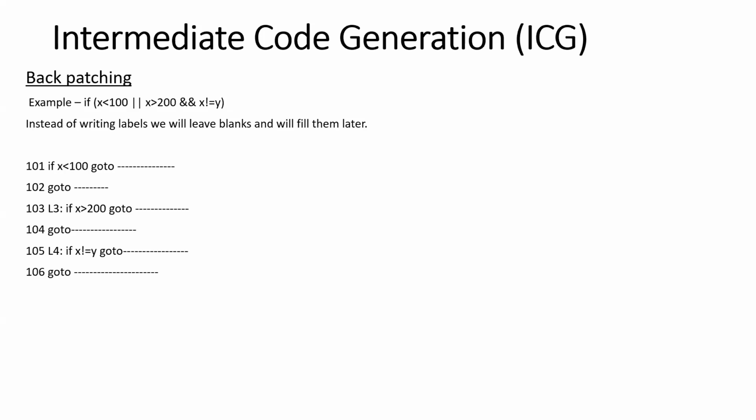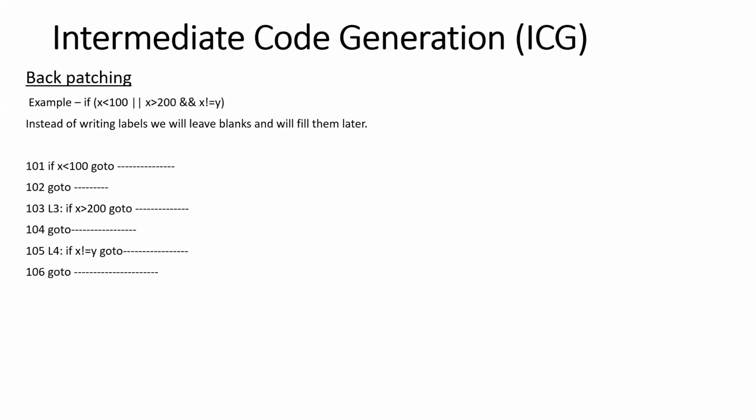The code written for backpatching with the blank spaces is: if x is less than 100, then go to blank, else go to blank. In line 103, if x is greater than 200, then go to blank; 104, go to blank; and in 105, if x is not equals to y, then go to blank; and 106 is also go to blank.